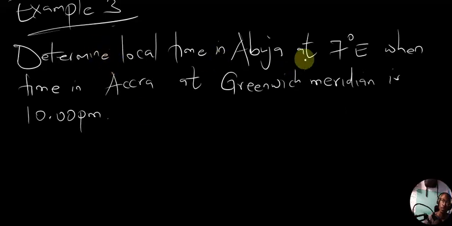The first thing we need to know here is Accra at the Greenwich meridian, its longitude is 0.